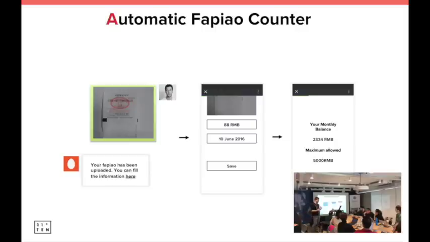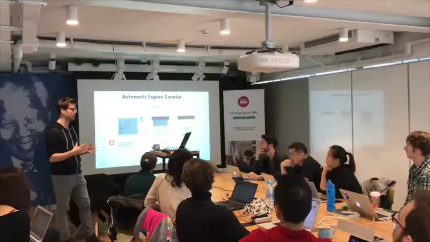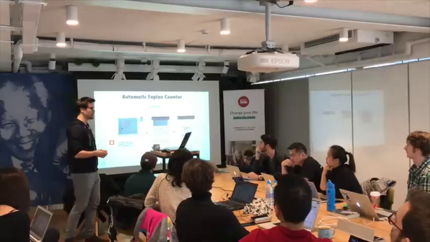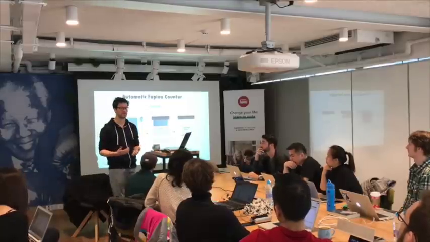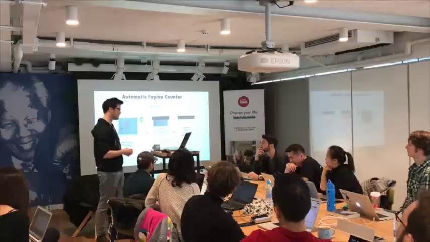Behind it, the FAPIAO is recognized by a computer, the information is written down, and it gives you back the amount you have this month. So that's an example that leverages the official account functionalities.